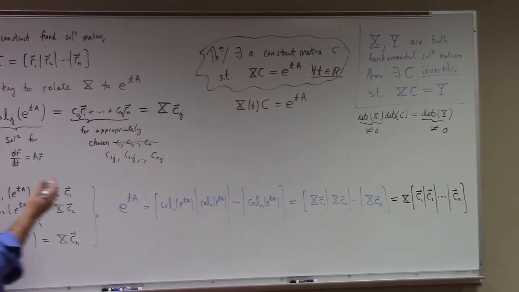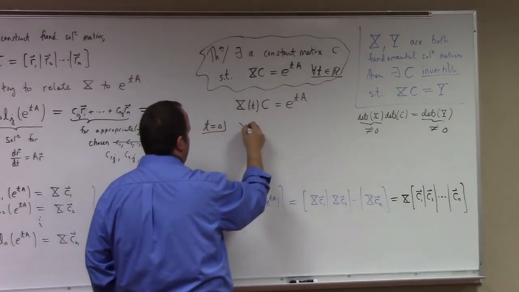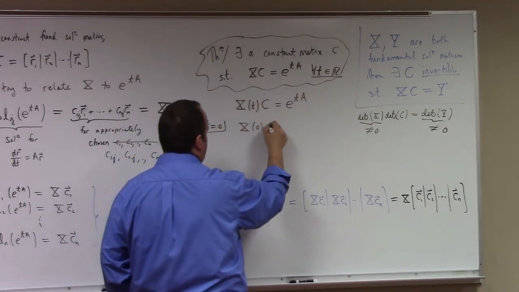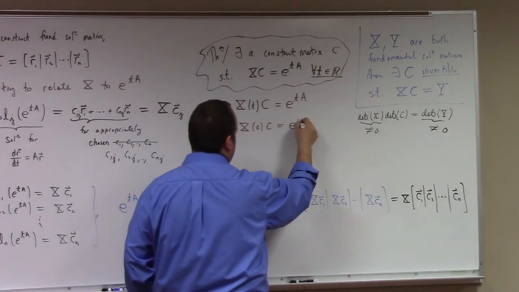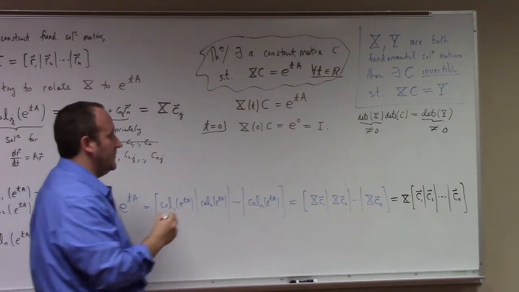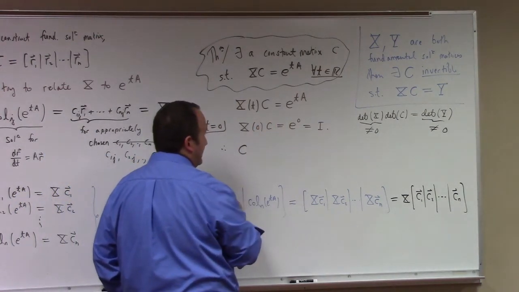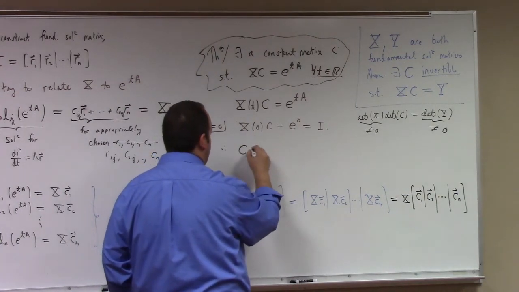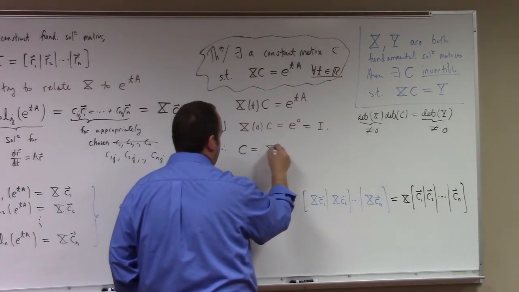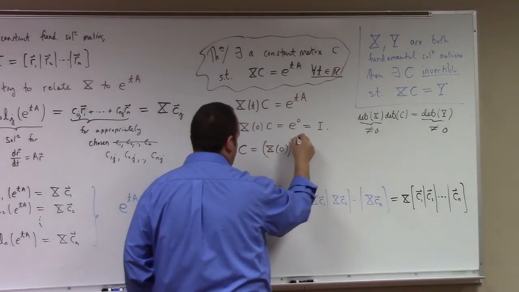Yes, put t equal to 0. Thank you. So that would say that x of 0 times C is equal to e to the 0, which is, as we discussed last time, the identity matrix. So therefore, this constant matrix I'm talking about in these theorems is not just any old constant matrix. In fact, it's equal to the inverse of the solution matrix X evaluated at 0.